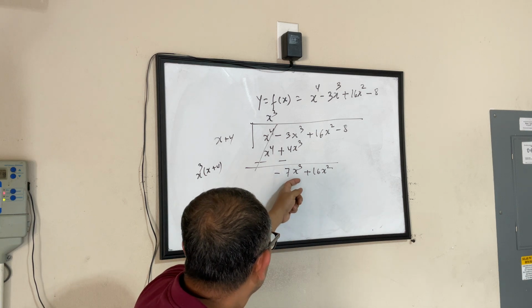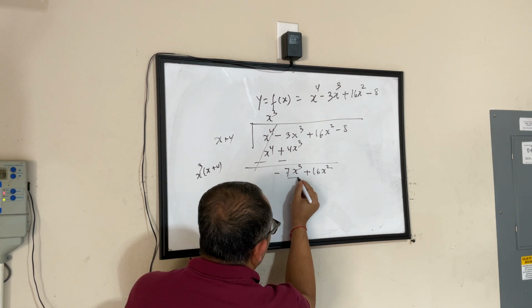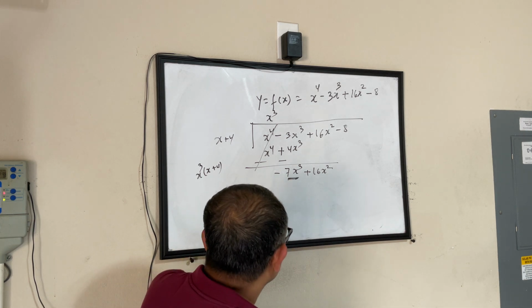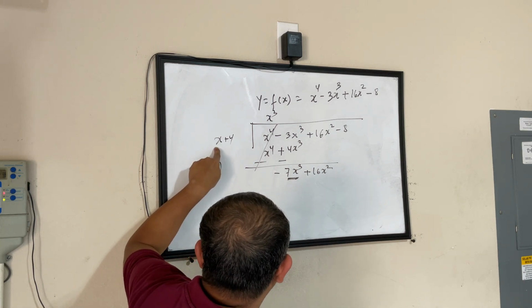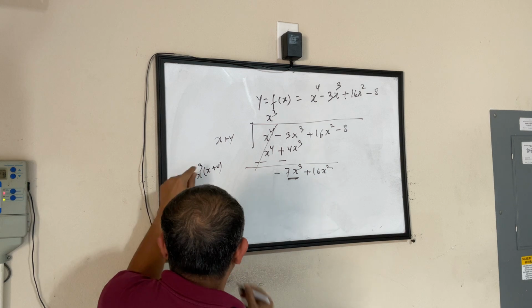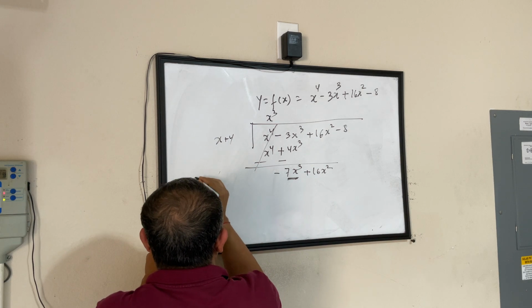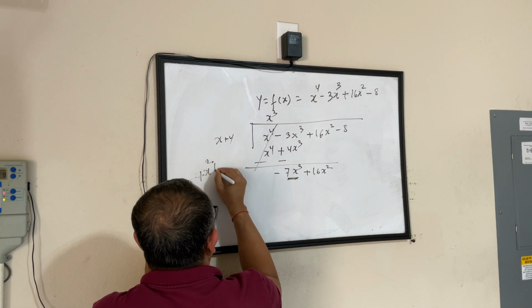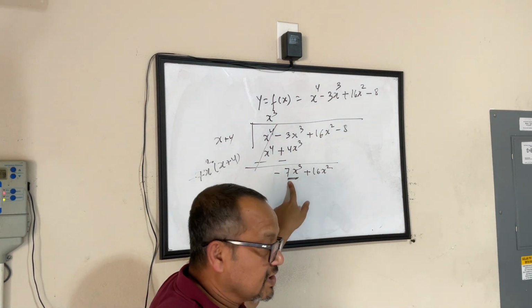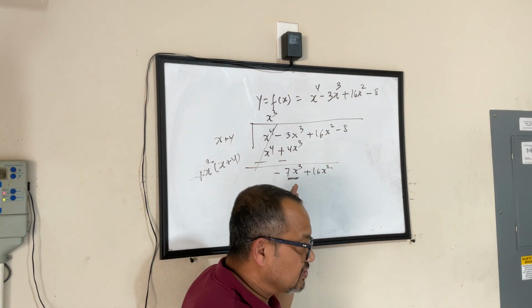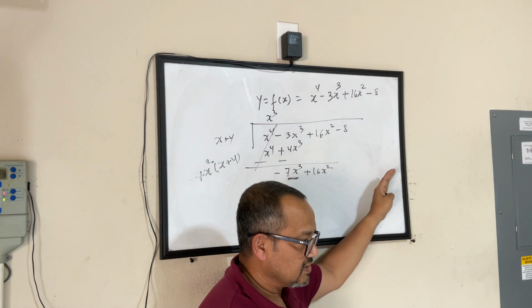Now, obviously, to get rid of this guy, you need to multiply this by minus 7x squared. Minus 7x squared, when you multiply, this becomes minus 7x cubed. So let's multiply this by minus 7x squared. And always you have to focus on the first term, okay? Because that is how you are knocking off the powers one by one.